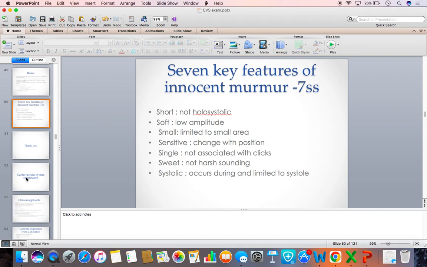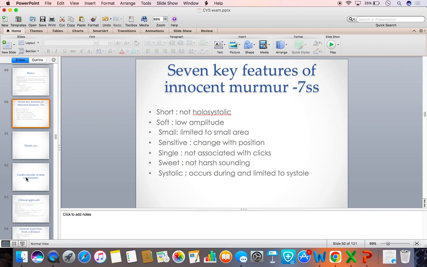So, what are the 7 features of an innocent murmur? They can be described as the 7 S's. Remember this acronym. Short, that is not holosystolic. Soft, low in amplitude.